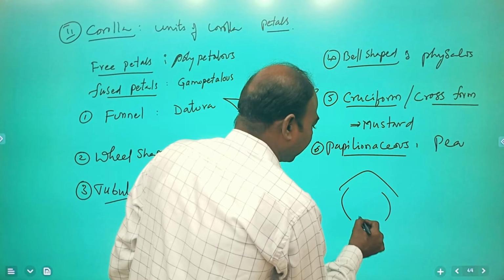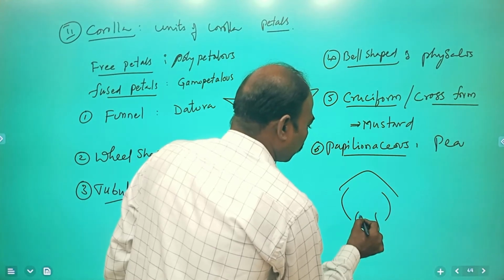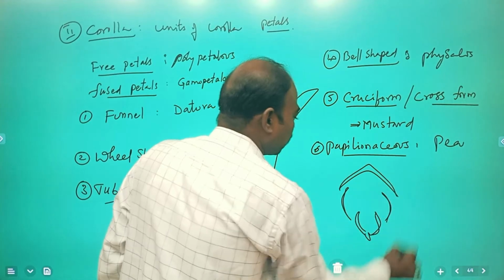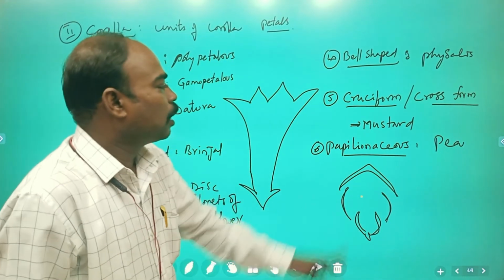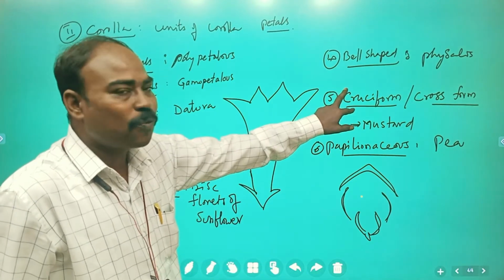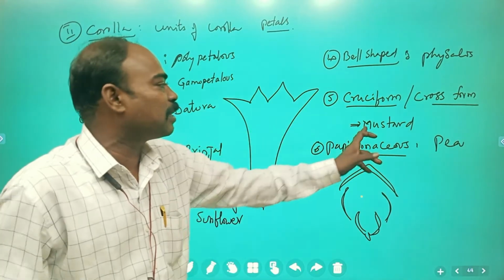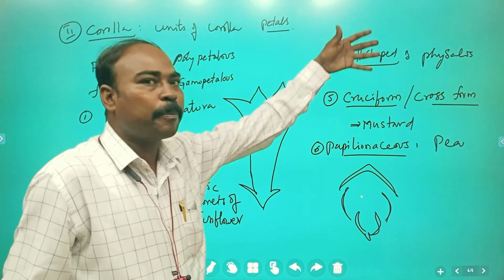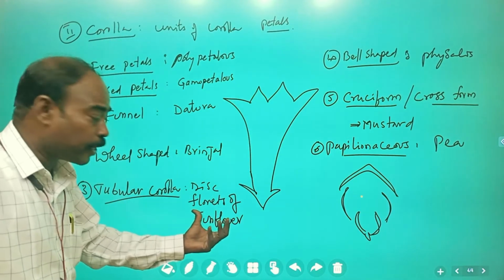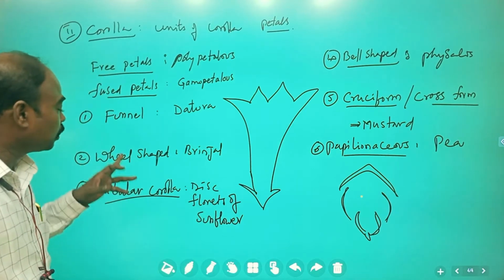Papilionaceous means like this. There are 5 petals arranged like this. Papilionaceous corolla is found in pea plants or Fabaceae members. Cruciform or cross-form petal arrangement is found in mustard. Bell-shaped is found in physalis. Tubular corollas are found in disc florets of sunflower.